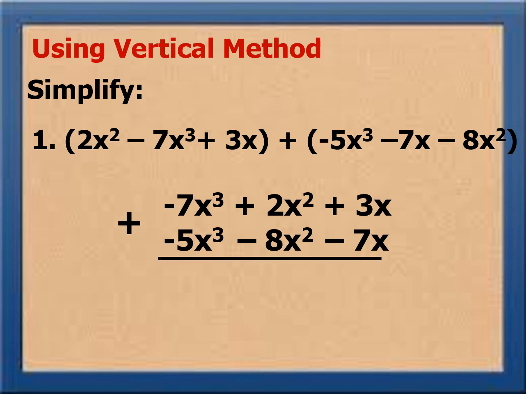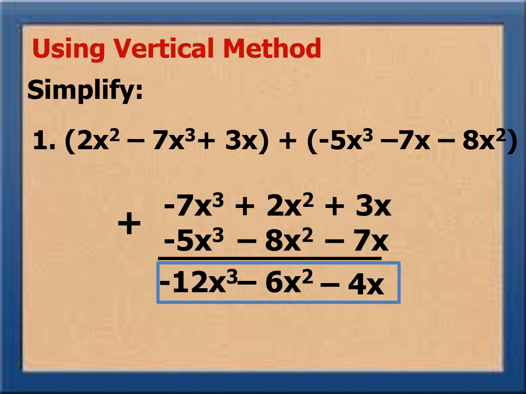Then let's perform the operation on like terms. 3x plus negative 7x is negative 4x. 2x squared plus negative 8x squared is negative 6x squared. Negative 7x cubed plus negative 5x cubed is negative 12x cubed. This is now the simplified form of our polynomials.